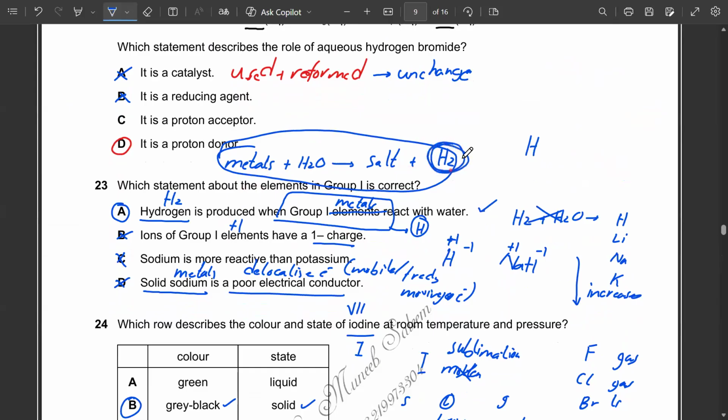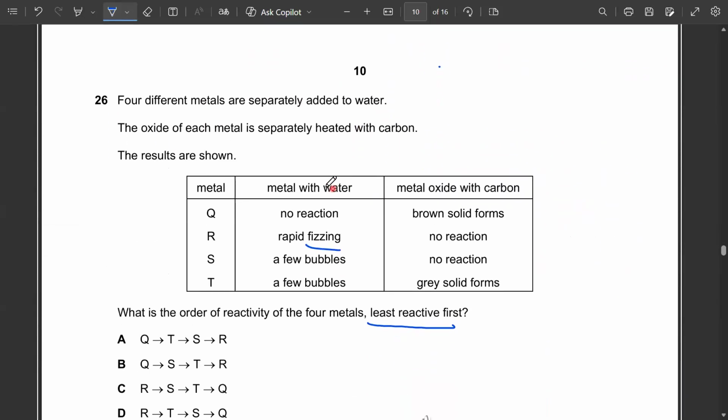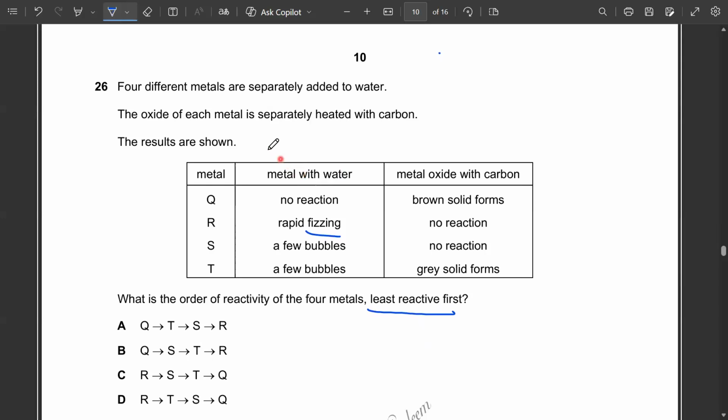So hydrogen gas is produced here. Shazin, I think you are weak in these topics, so you have to reinforce them from the literature so that you can answer correctly. So metal with water produces hydrogen gas.